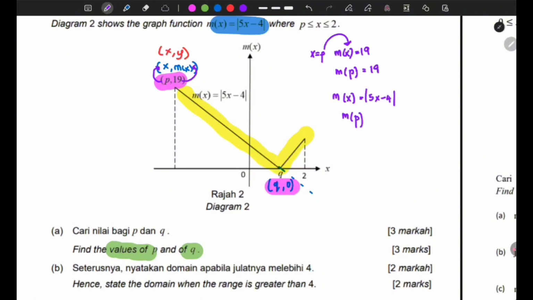Because your x is p, everything has to change with the p. The x, everything changes with p. And you know, when your x is equal to p, your m(x) is equal to 19, which is your m(p).